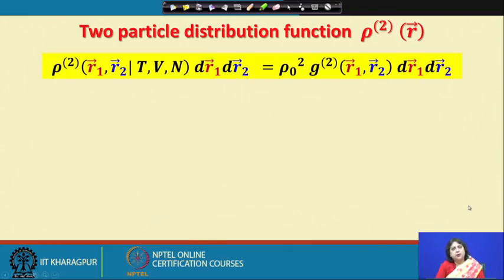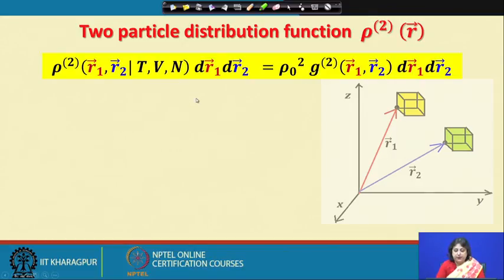Now, if we think about the two particle distribution function, here I am talking about the probability density of finding two particles simultaneously at the positions r 1 and r 2, obeying the same conditions of temperature, volume and number of particles.